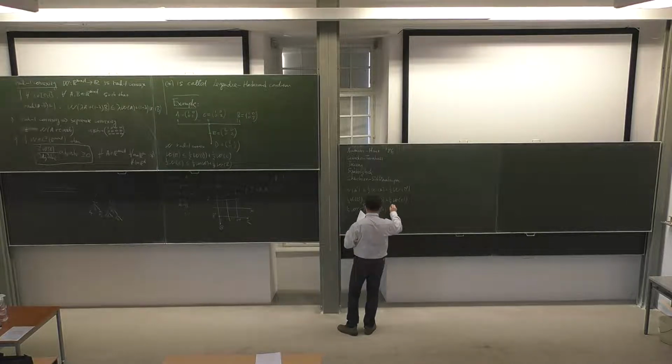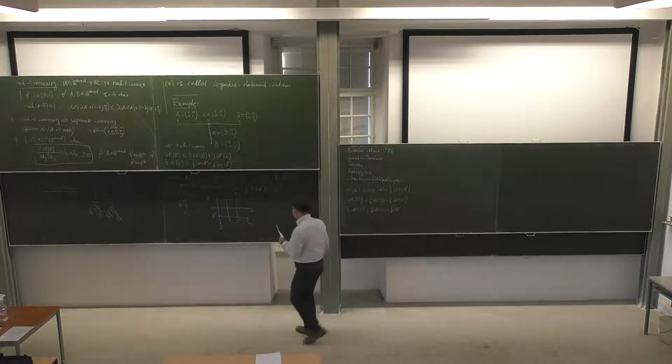Plus 1/8 W, and then we have C and B prime.